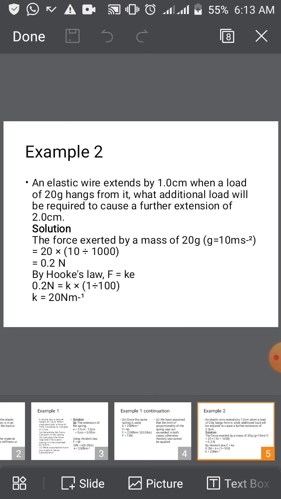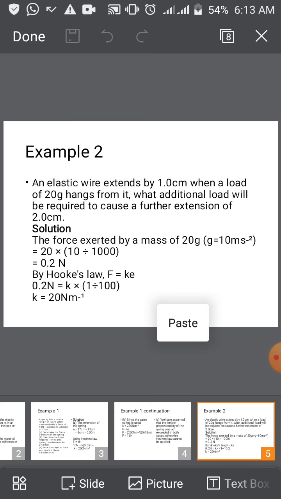By Hooke's law, again, force is equal to force constant K multiplied by extension E. Now we'll have our force equal to 0.2 Newton, and we're looking for the force constant.